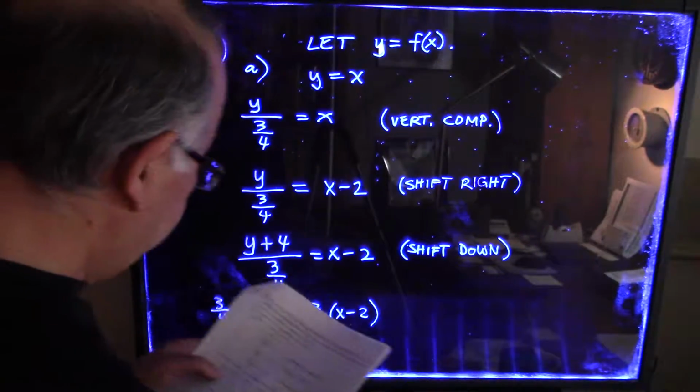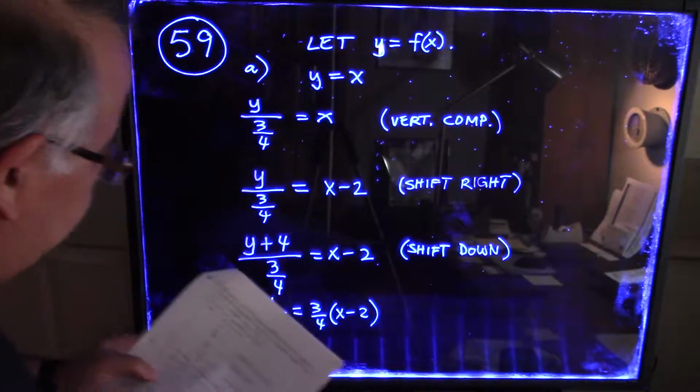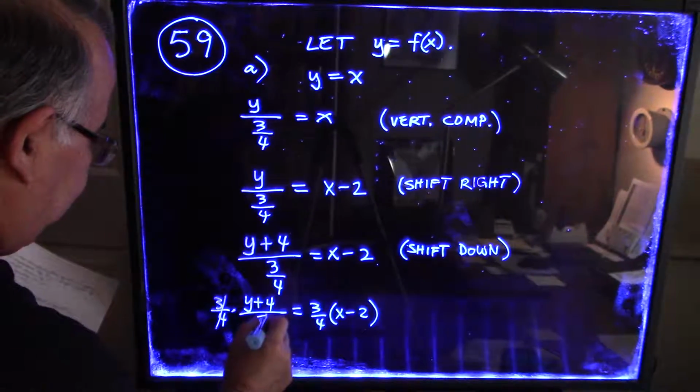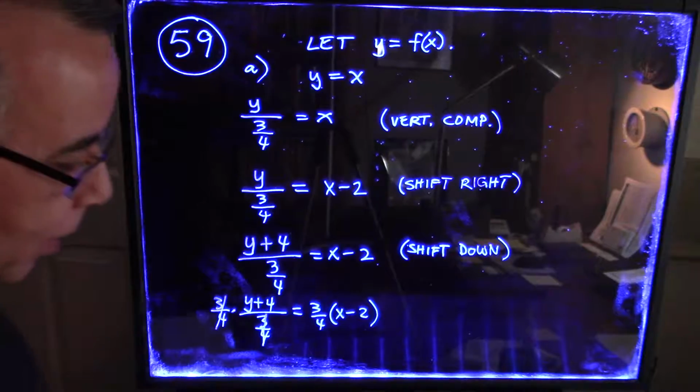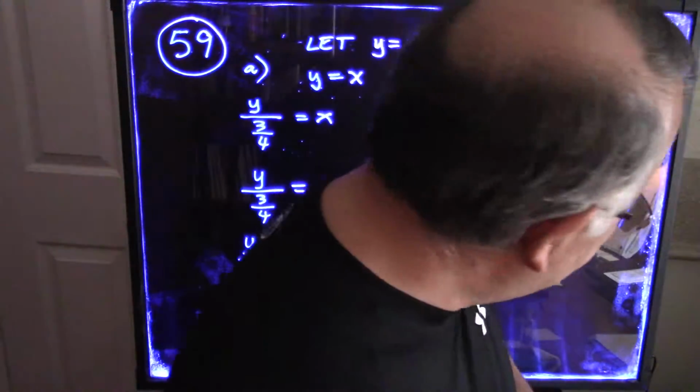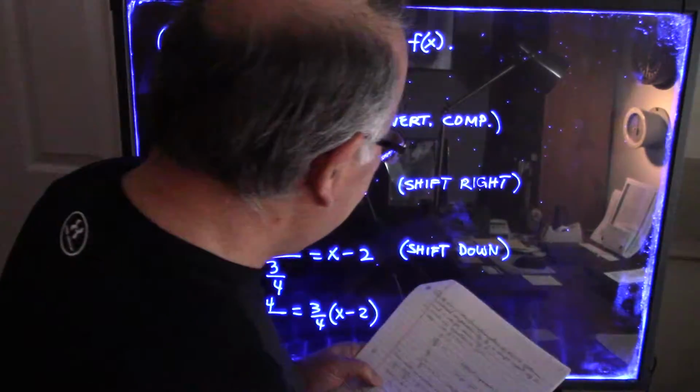What that does is it's going to cancel the 3/4 out on the left side here. Now I need to take a little break and erase all this so I can make some room.